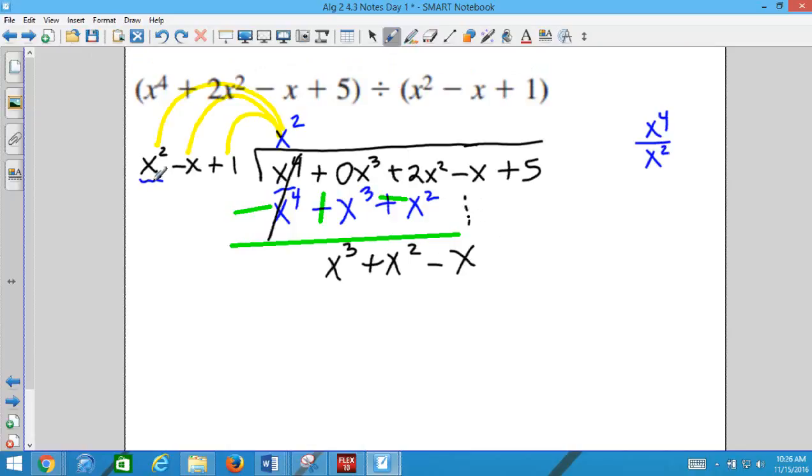So I now have x squared goes into x cubed. I'm going to put it off to the side. X cubed divided by x squared gives me x. Then I'm going to repeat the process. I'm going to distribute x.